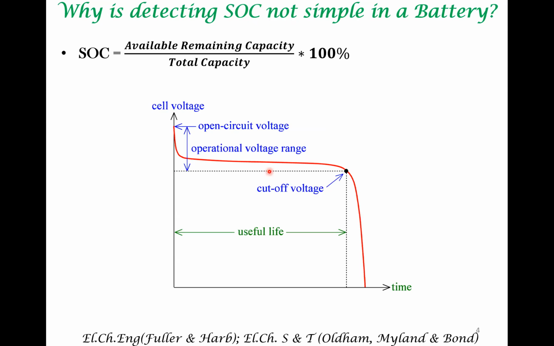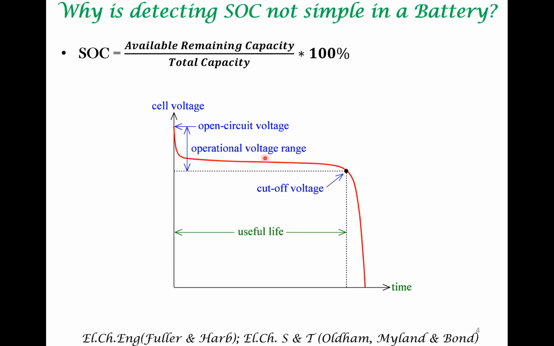In this graph, the y-axis denotes voltage and the x-axis denotes time. As I start discharging the battery, there is a sudden decrease in the voltage, and towards the end life of a battery, there is a dramatic decrease in voltage. But the useful lifespan of the battery is from this point to this point, where the voltage of a battery is more or less constant.